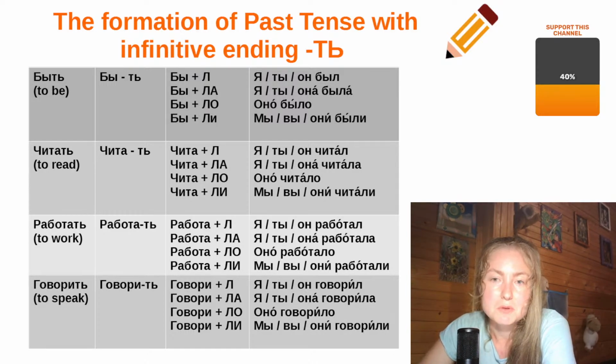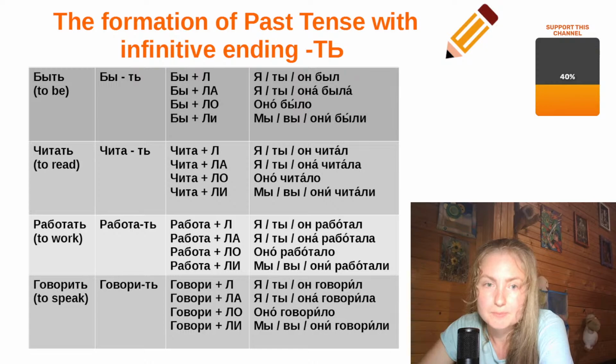Okay, the third verb in my table is работать. Работать means to work. So again, what do we do? We remove the suffix «т» and we add our endings of masculine, feminine, neuter and plural. For masculine it's «л», работал. For feminine it's «ла», работала.